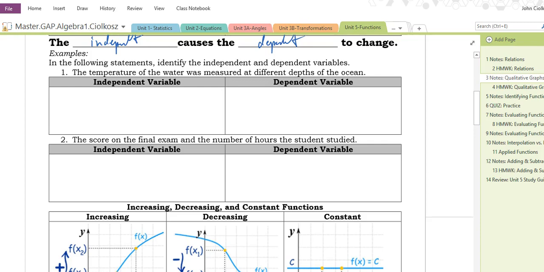We're not controlling the depths of the ocean, so depth of the ocean would be our independent, and we're seeing how the temperature changes. The score on the final exam, and the number of hours the student studied. So we're checking the different number of hours, and we're seeing how it affects or changes the score on the final.